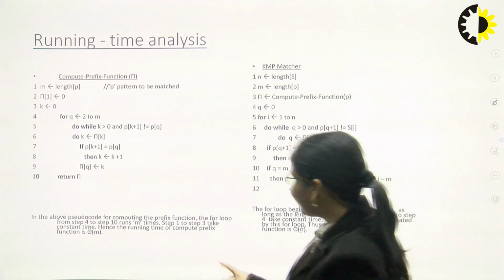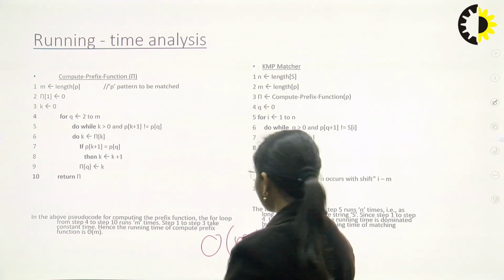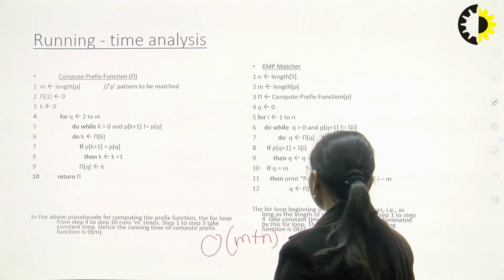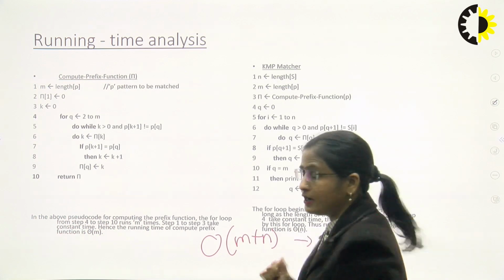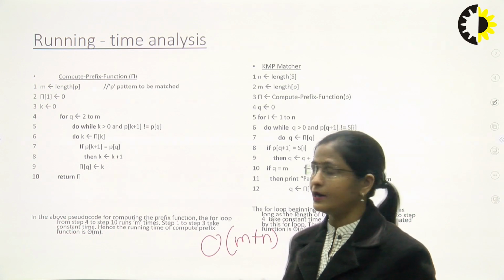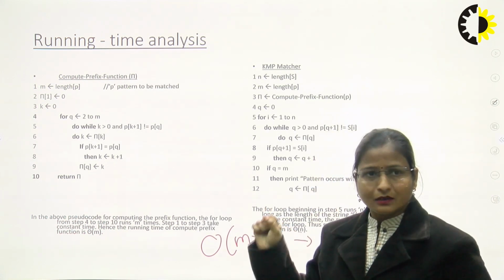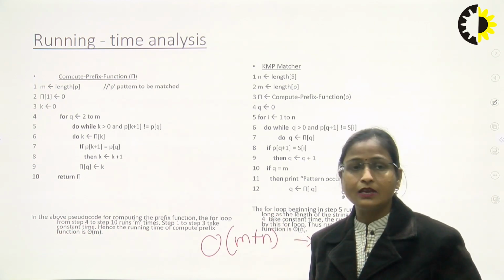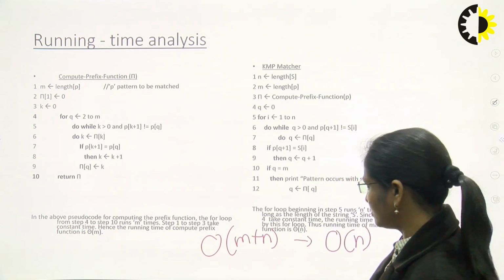So the total time it takes is O of m plus n. So we can say that KMP matcher takes a total of O of n time to find the location of a pattern in a string S. This is the basic running time analysis of our KMP matcher algorithm, and that is why it does better than the naive string matching algorithm. Thank you.